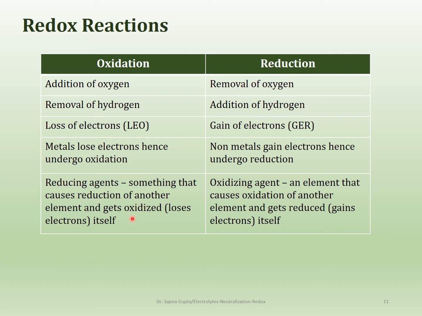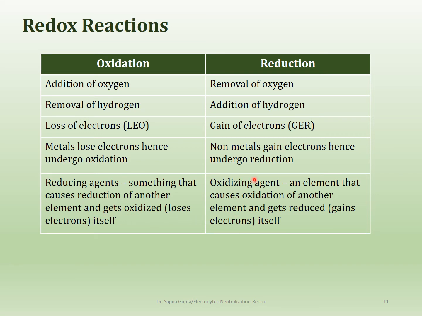Oxidizing agents are opposite of reducing agents, which means that oxidizing agents cause oxidation of something else and get reduced in the process. If it gets reduced, it means it's gaining electrons. What gains electrons? Non-metals. So all your reducing agents are on the left-hand side of the periodic table.